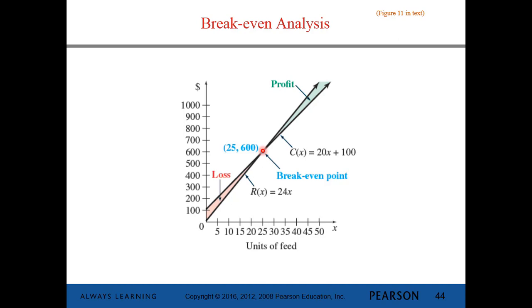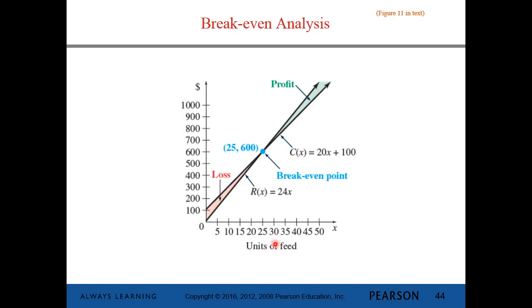Now, what if you're down here? Let's say the amount of money, right? So this is here, and this is units of feed for this graph. And so let's say you've got this, the amount of money that's brought in, right?